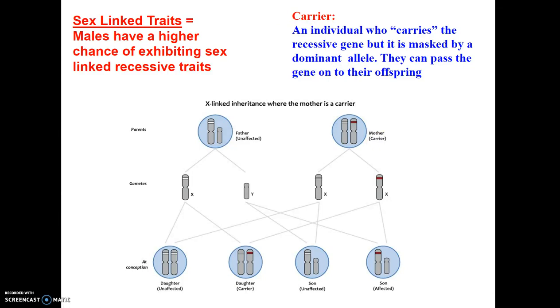They're not showing it because they have a dominant allele as well, and that's what's going to be expressed. But they can pass that specific recessive gene down. And so in an X-linked situation here, we have the mother that's the carrier and she's passing this down. If she's carrying that recessive trait that's masked by a dominant one, we would still call her a carrier in that case. And so that's just another term that I want you guys to be familiar with.